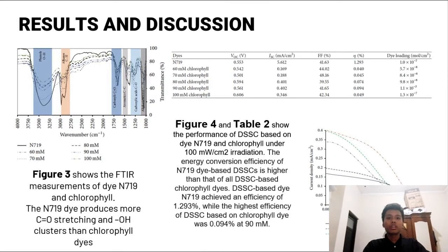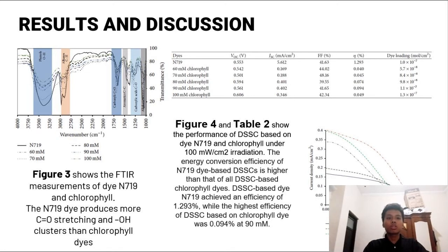And then we have figure 3, which shows the FTIR measurements of dye N719 and chlorophyll. The existence of the OH and CO groups respectively is indicated by peaks in the regions of 2500 until 3000 and 1600 and 1750 centimeters to the power of -1 in all dyes.